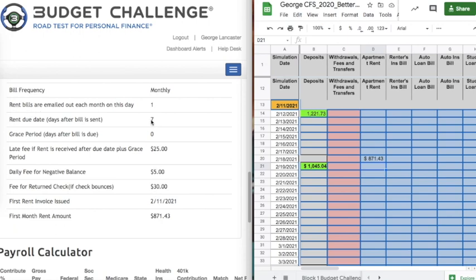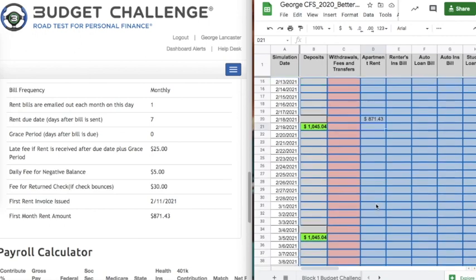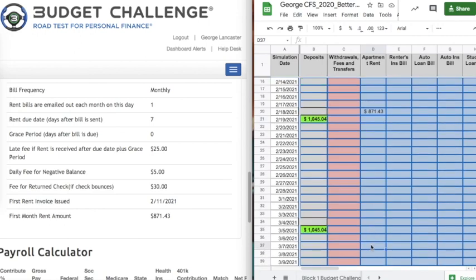It's due 7 days later. If we add those together, 1 plus 7 is 8. So it has to be paid no later than the 8th of the month. I usually like to pay my bills early, so I'm going to plan on paying at least 1 day early. In fact, I think I'm going to move this one up here also, because there's no problem if I have enough money, but if I pay late, that is a problem.